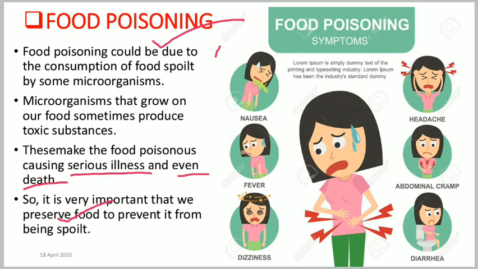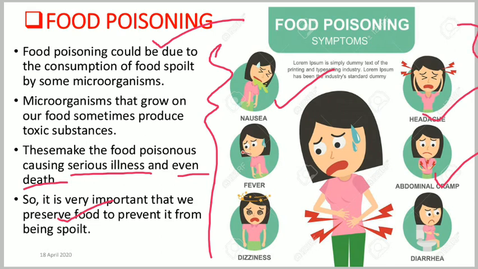So here are some symptoms with the help of which we can identify that yes, we are food poisoned. Some symptoms are nausea, like the feeling of vomiting, as well as fever, dizziness, diarrhea, abdominal cramps, and headache.